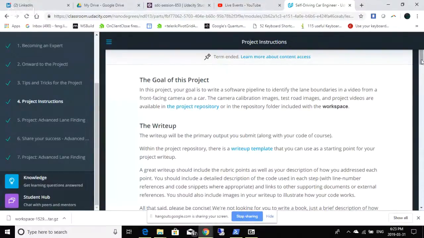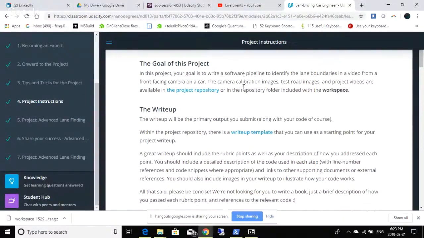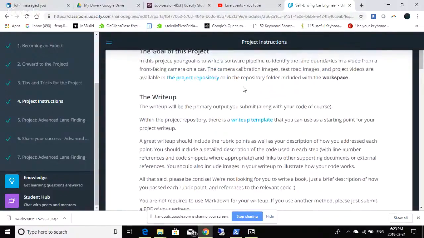Okay. So the goal of the project is to write software to identify lane boundaries in video from a front-facing camera, with camera calibration. So this is an additional step on top of project 1. Test those images.